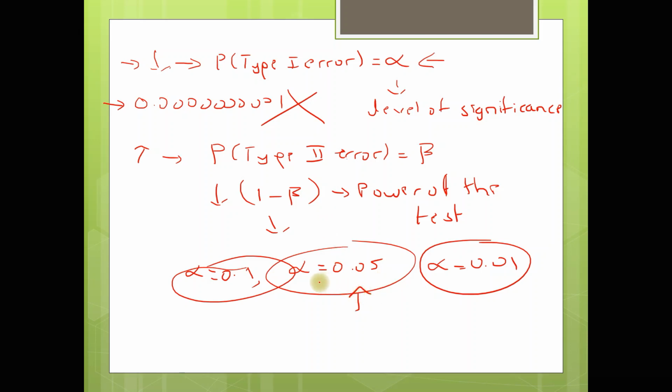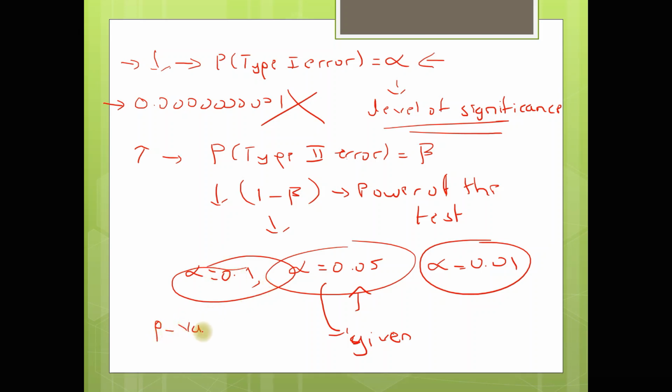So this is something that we refer to as a given. When we say the level of significance, we refer to it as a given level of significance. There is something else that we call the observed level of significance, which is basically something that we call the p-value, but I'm not going to discuss this here.